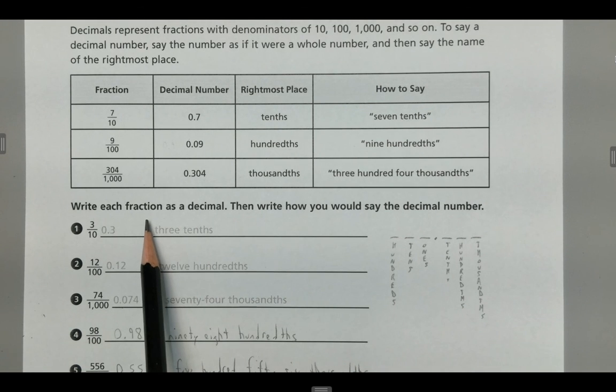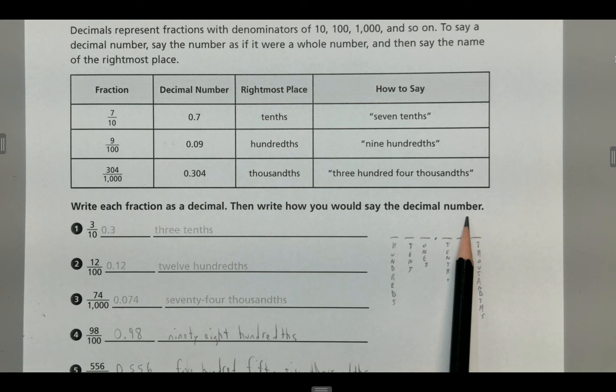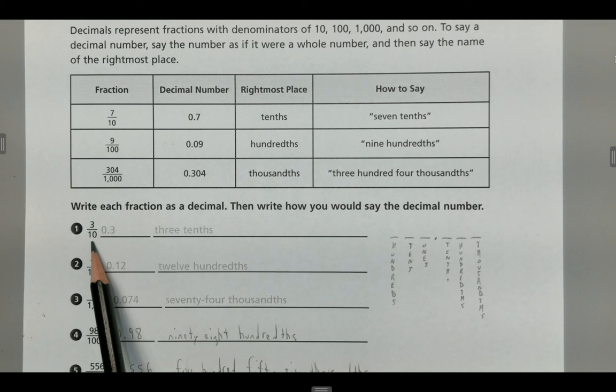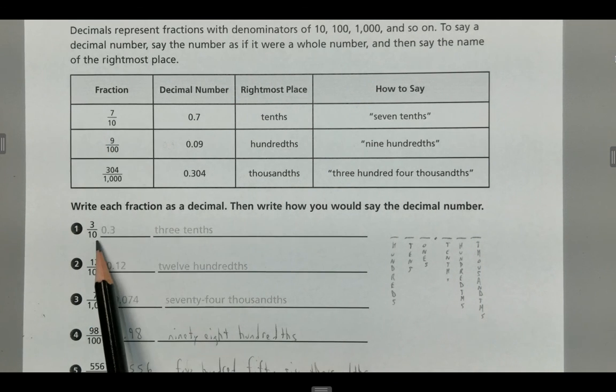For these practice problems, we're going to write each fraction as a decimal, then write how you would say the decimal number. Number 1, 3/10. This looks a lot like the example up above, where I can show the numerator, the 3, in the tenths place value, 0.3.